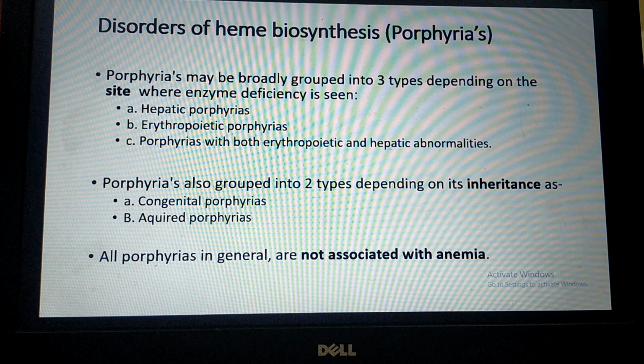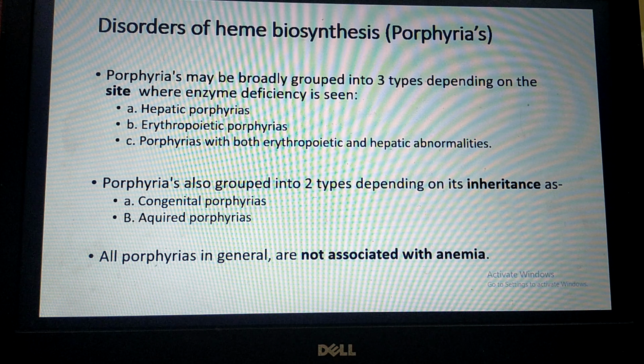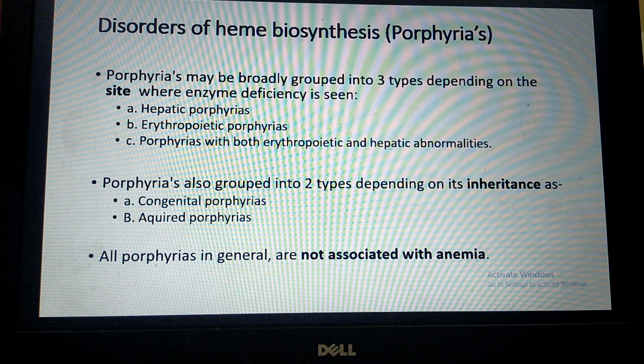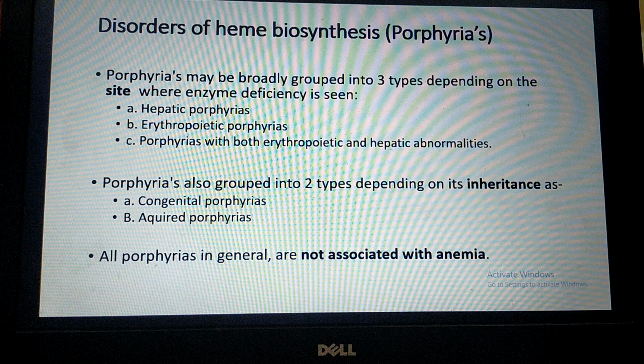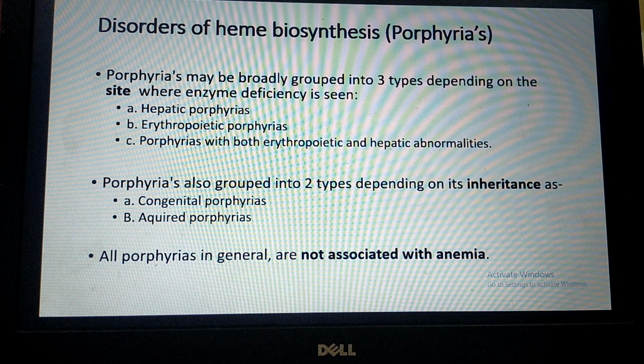So depending upon the site of deficiency, there are hepatic porphyrias, where some of the enzymes of the heme synthesis pathway are absent in the liver; erythropoietic porphyrias, where the enzymes may be absent in erythrocytes; or porphyrias with both erythropoietic and hepatic abnormalities, where the enzymes are absent in both liver as well as in RBCs.